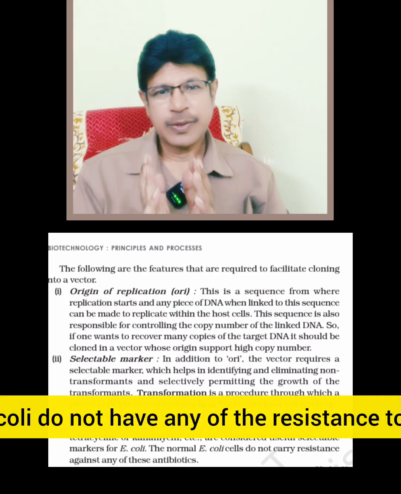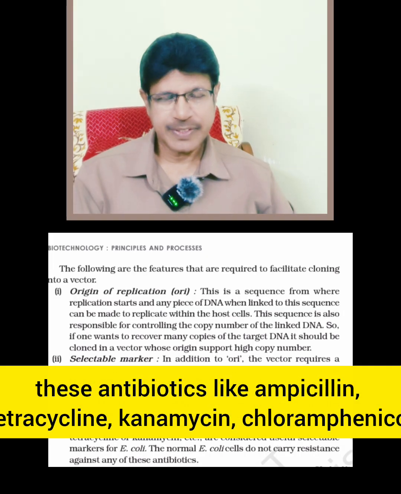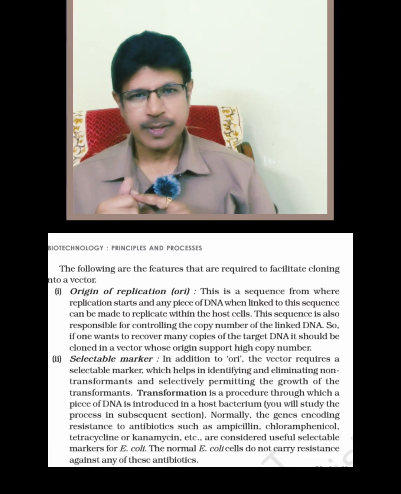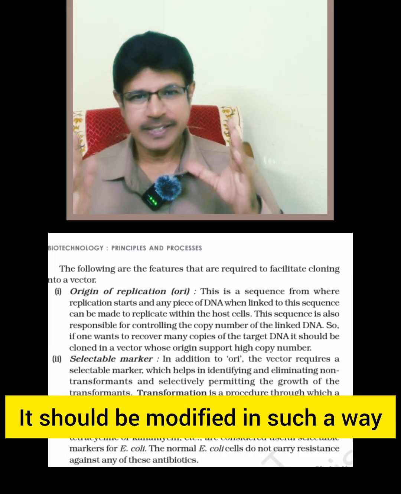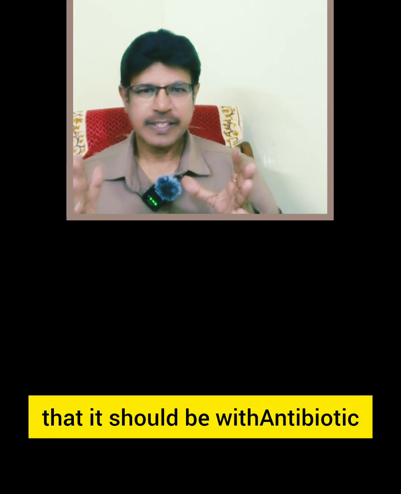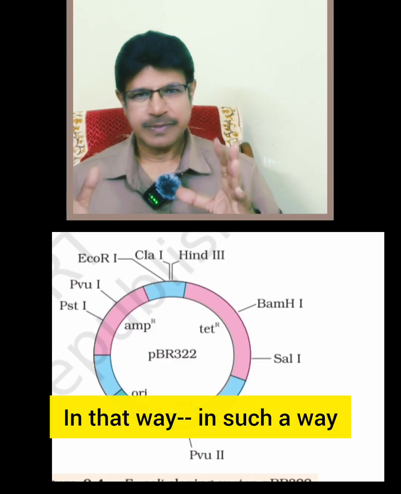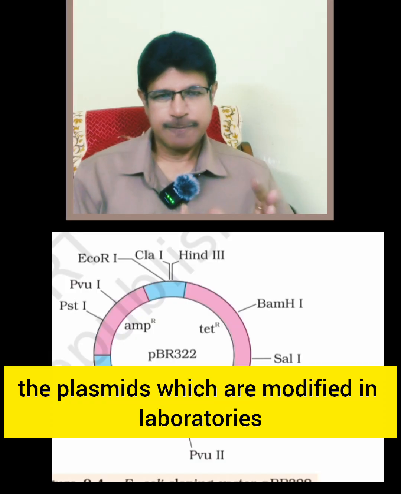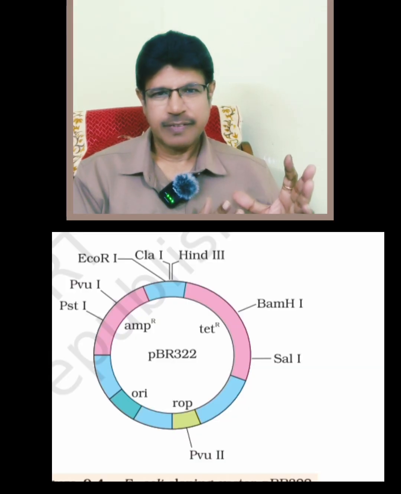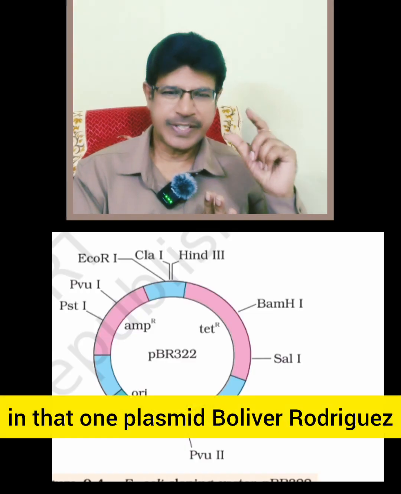Normal E. coli do not have resistance to antibiotics like ampicillin, tetracycline, kanamycin, chloramphenicol. So it should be modified in such a way that it carries an antibiotic resistance gene. In this way, plasmids modified in laboratories are used as vectors. One is plasmid pBR, named for Bolivar and Rodriguez.